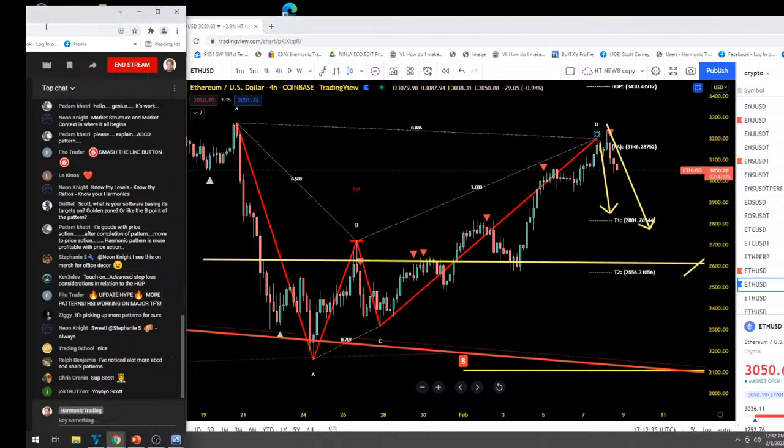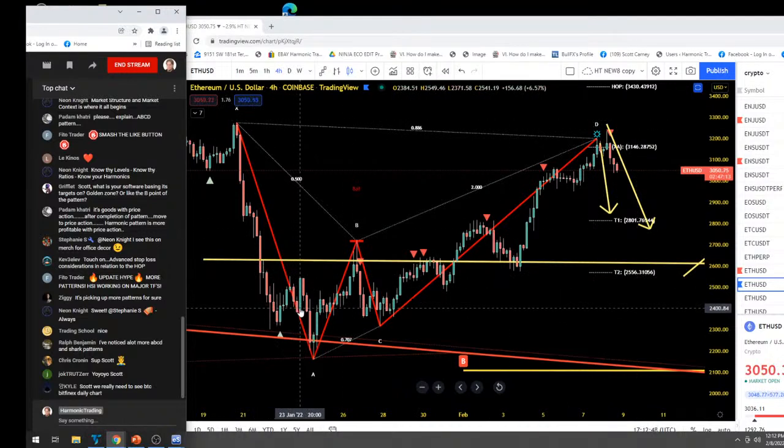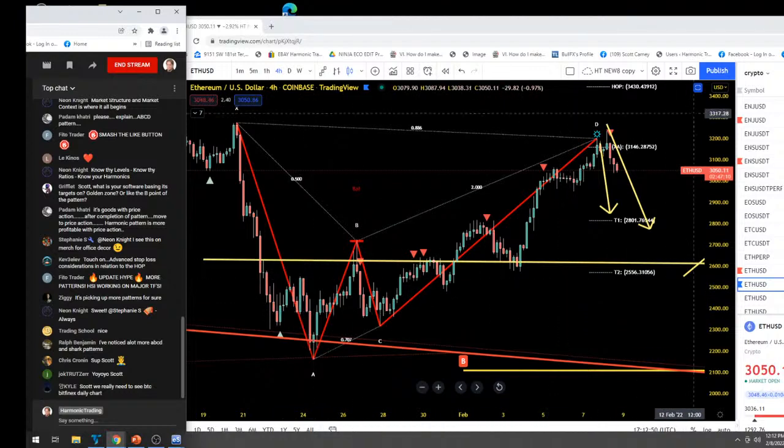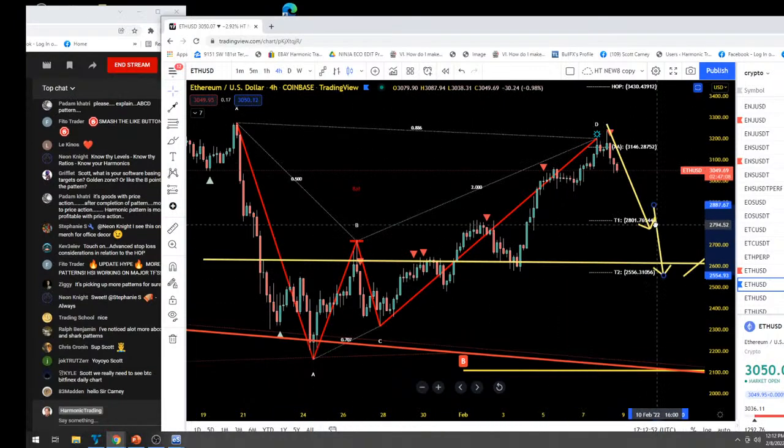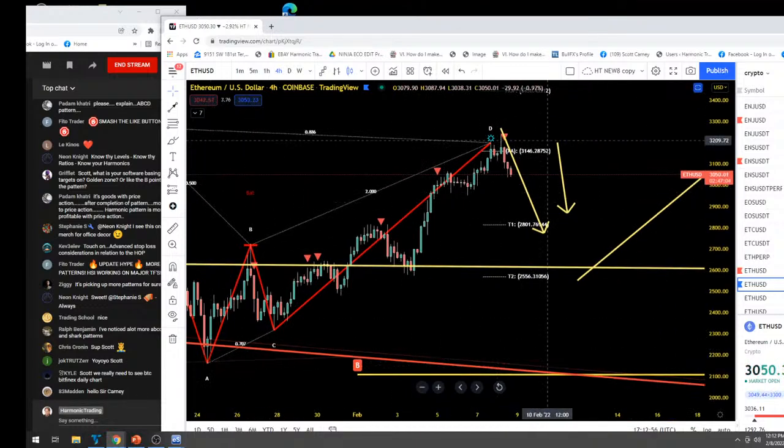Scott, what is your software basing its targets on? Golden zone, B point of the pattern? No, it's the 382-618 model. I defined that model. The 382 and 618, type 1, type 2, as measured from the pattern from A to D. The question is, what am I using?